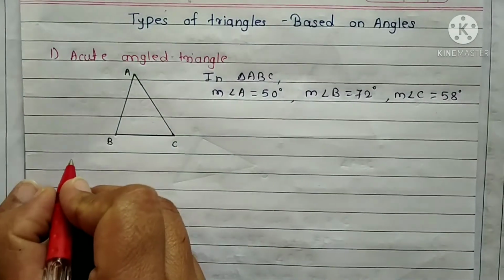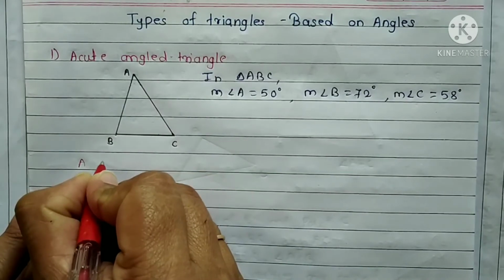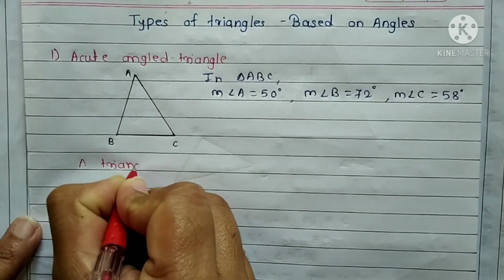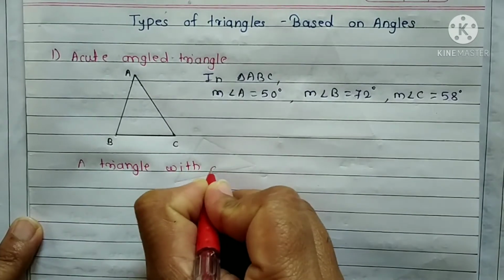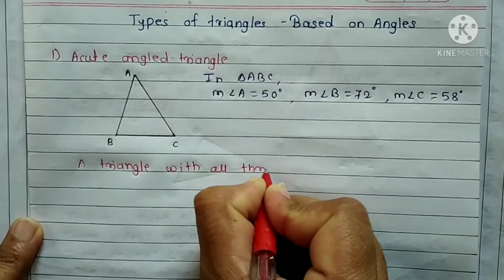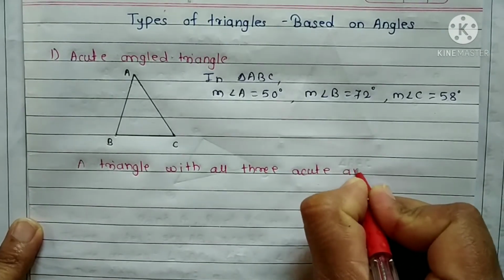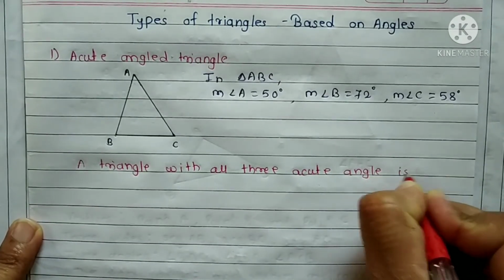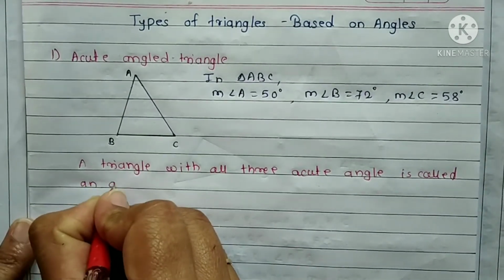So definition of acute angle triangle is a triangle with all three acute angles is called an acute angle triangle.